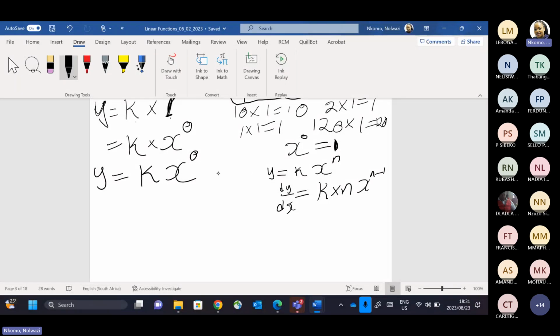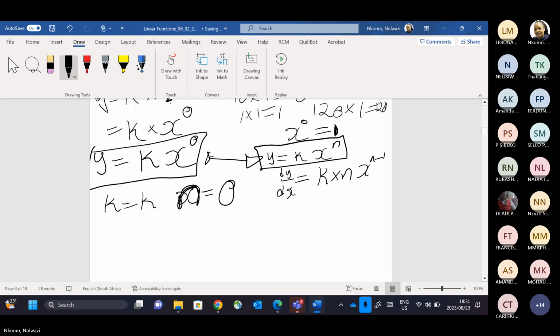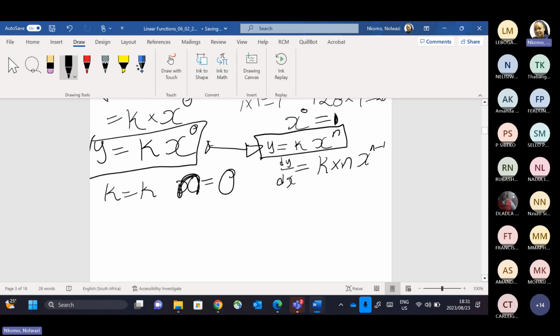If you compare these two terms, you will see that k is equal to k and n is equal to 0, right?